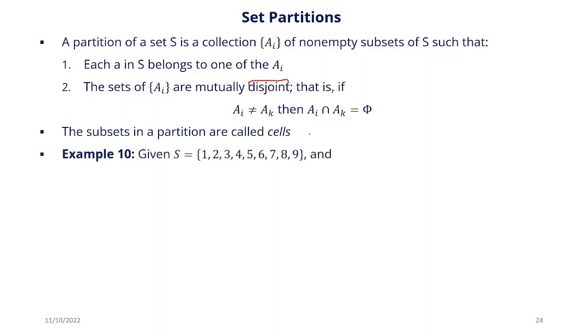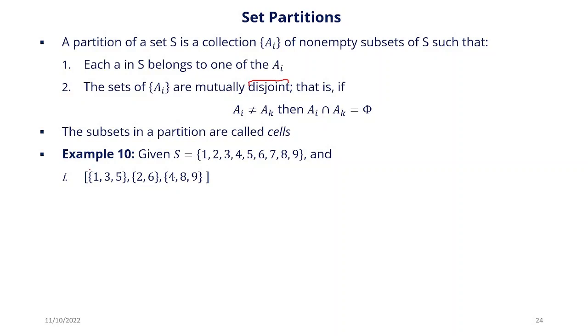So let's take an example. Given S equal to {1, 2, 3, 4, 5, 6, 7, 8, 9}, if we try to create partitions out of this S, I will give a list of items here, and out of the items I'm giving, only one of them will be a real partition. The rest will not be partitions. This is to help us understand how to create partitions.